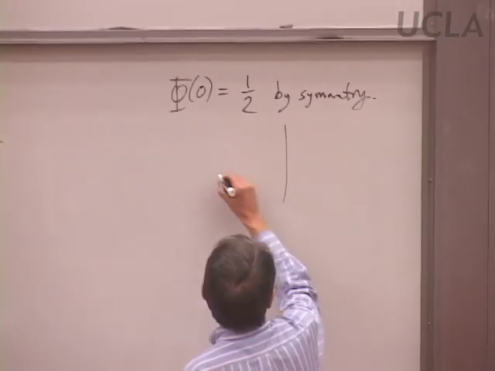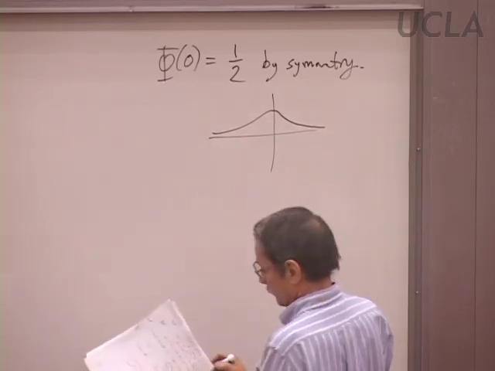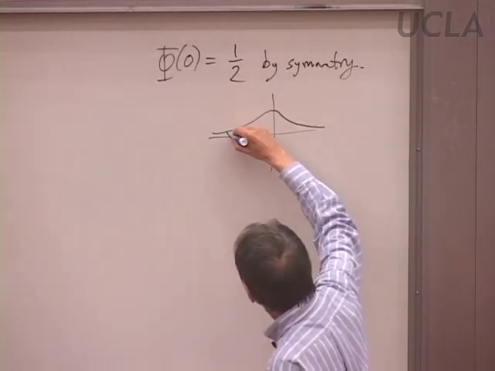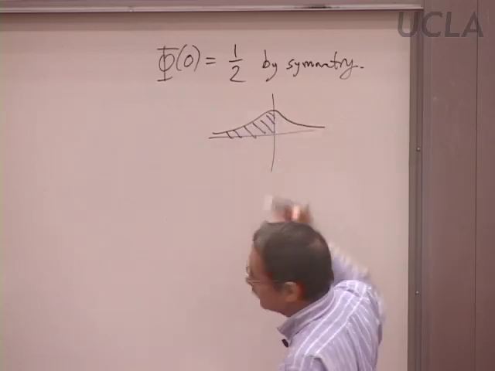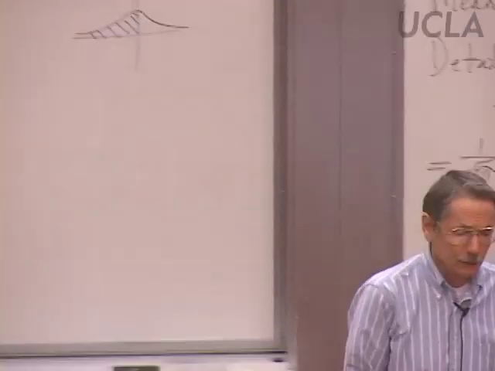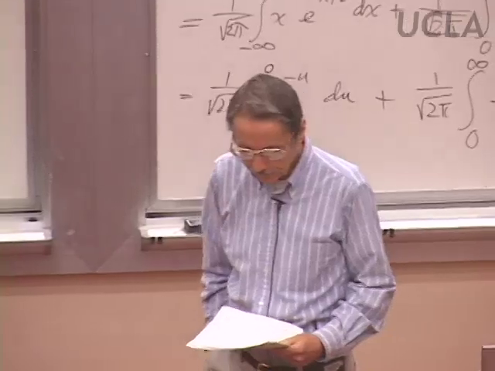Well, picture, it's right in the middle. Phi of 0 is that area right there. The entire area under the bell curve we said was 1. We've got half of it.